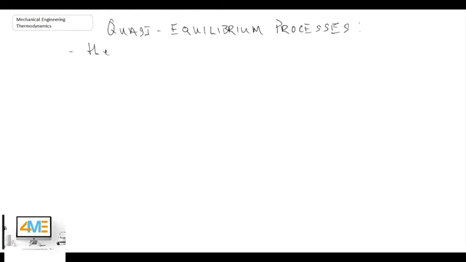And quasi-equilibrium, what it does is it assumes that the system remains close to equilibrium.